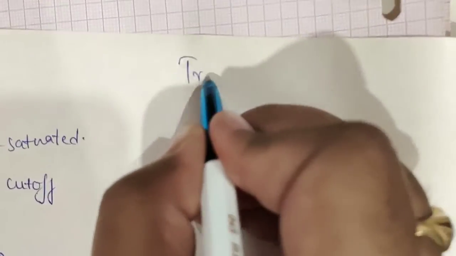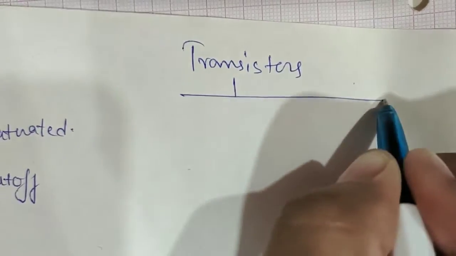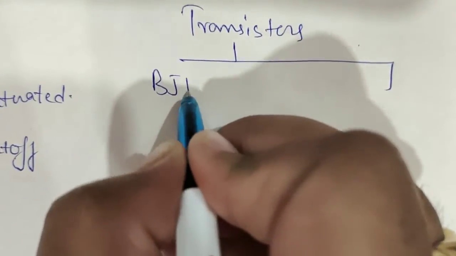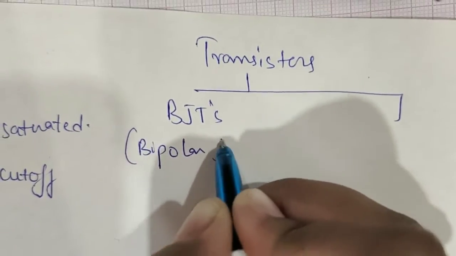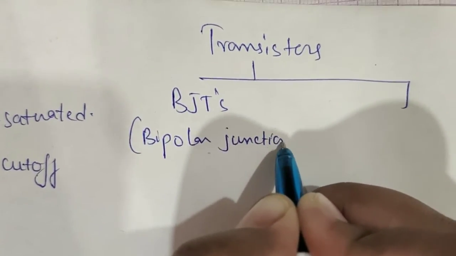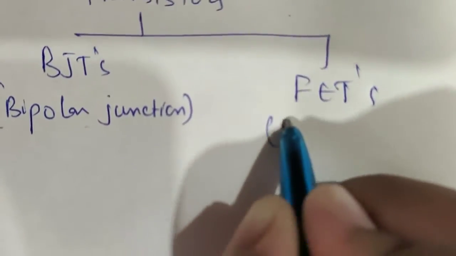Now coming to the classification of these transistors. Transistors can be classified into two forms: BJTs, bipolar junction transistors, and second, FETs, that is, field effect transistors.